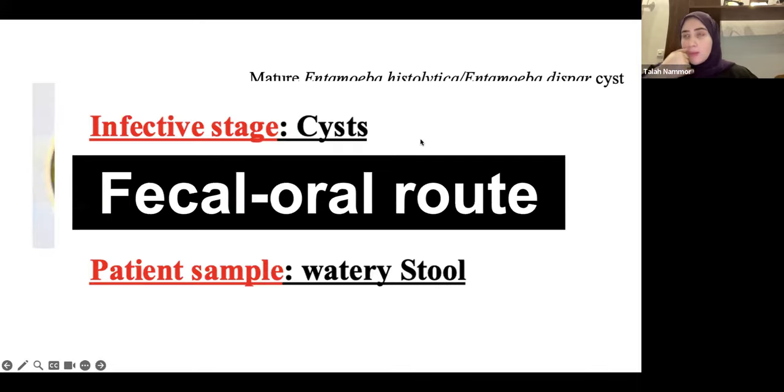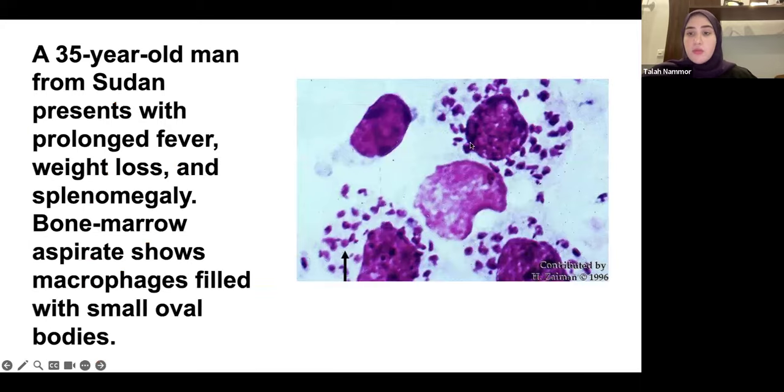So basically most of the time it's called traveler's diarrhea. The patient will be traveling, he drinks water that's contaminated, he eats something that's contaminated, anything that can have fecal deposits. Okay? Yeah, moving on.